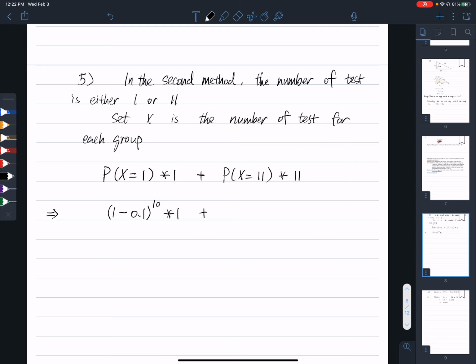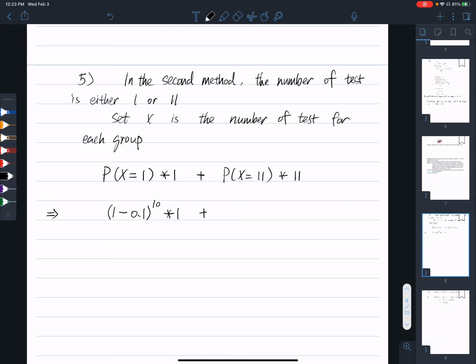For the second part, we need to do 11 tests. As long as the mixture tests positive, since in the second method we either do 1 or 11, there may be 1, 2, 3, 4, 5, even 10 people with a positive result in this group, which means x is not equal to 1.